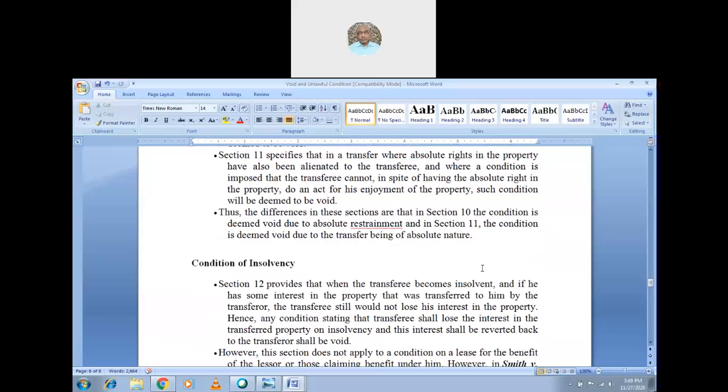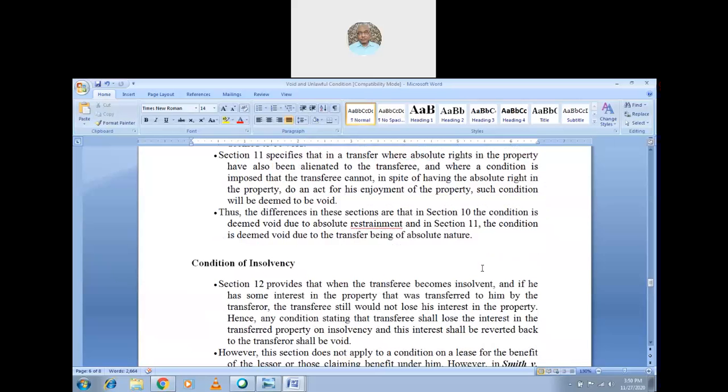Section 11 specifies that in a transfer where the absolute right in the property has been given to the transferee, and a condition is imposed that the transferee cannot, in spite of having the absolute right, do an act for his enjoyment of the property, such a condition will be deemed void. Even if a person's physical strength or features allow him to do it, if such a condition is kept, it will be deemed void.